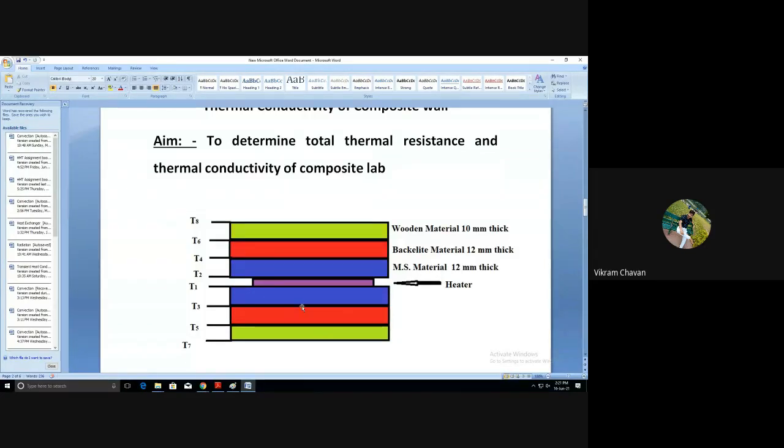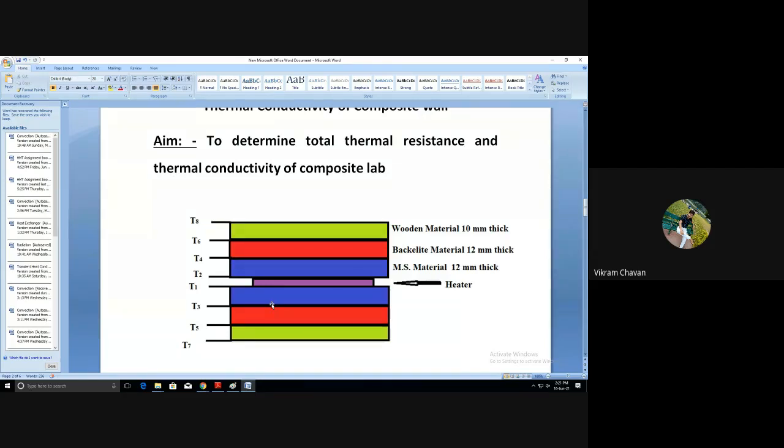Why have we done this particular configuration? Because if you remove this bottom side configuration, then half of the heat will be transferred to the environment, and our calculation will not be correct. In that case, we would not know how much heat is transferred to the environment and how much is transferred to the composite wall.